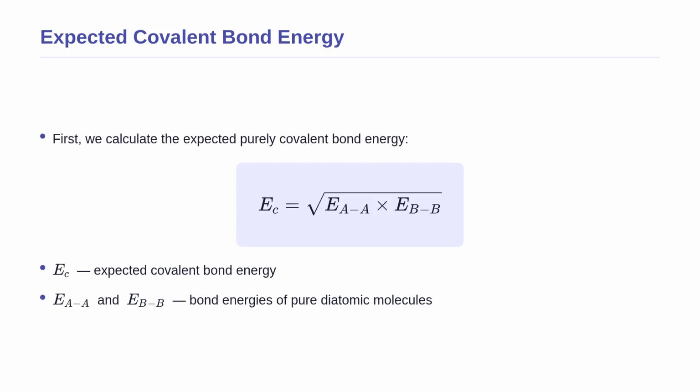The symbols E sub AA and E sub BB represent the actual, measurable bond dissociation energies of pure diatomic molecules, usually measured in kilojoules per mole. By taking their geometric mean, multiplying them together, and taking the square root, we establish our baseline strength. If the actual bond is stronger than this baseline, the difference is due to electronegativity.